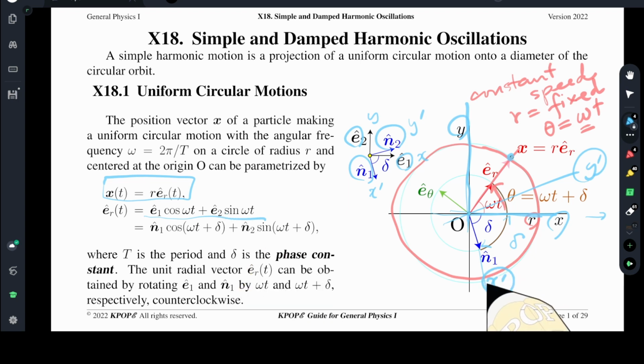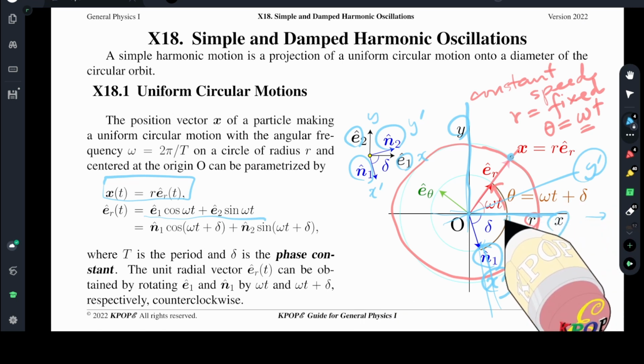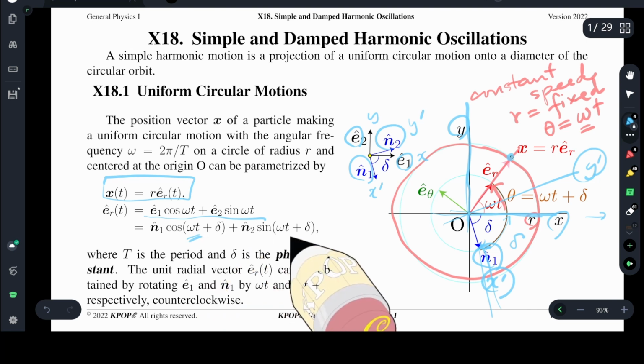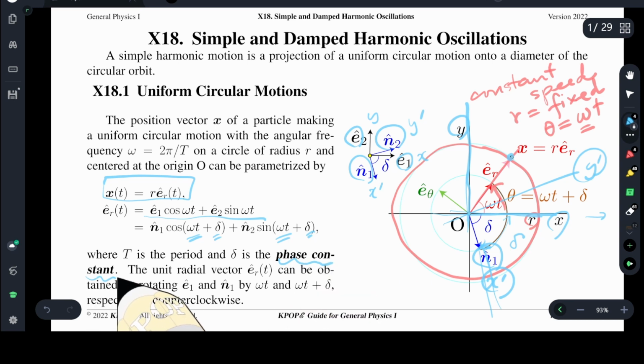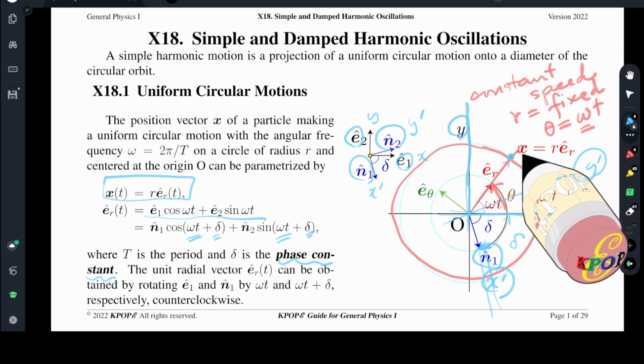As I already stated, we can choose a different coordinate system using basis n1 hat and n2 hat. In that case, the angle is measured in a different way. The rate of change is still the same, but there is a constant called the phase constant. So this is the simplest way to describe the motion of a uniform circular motion.